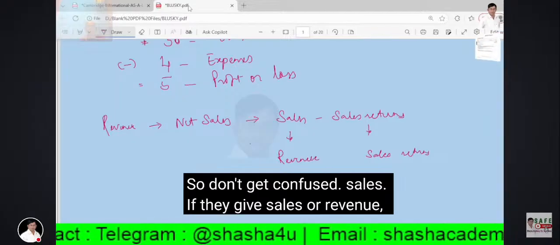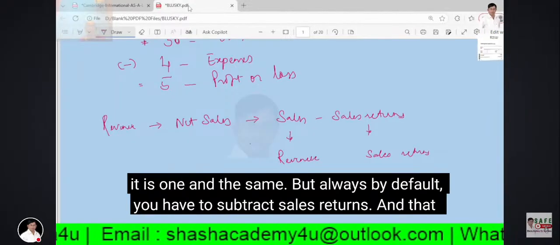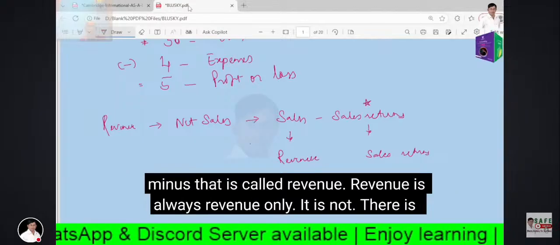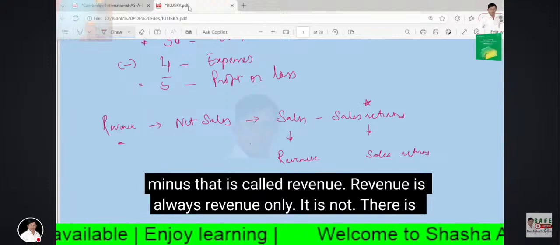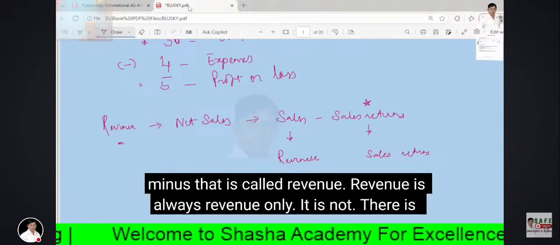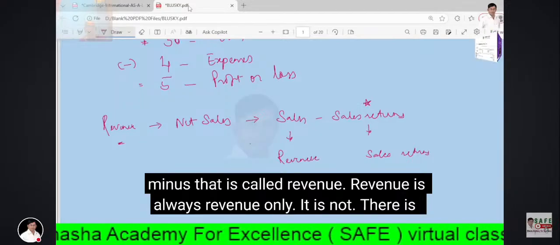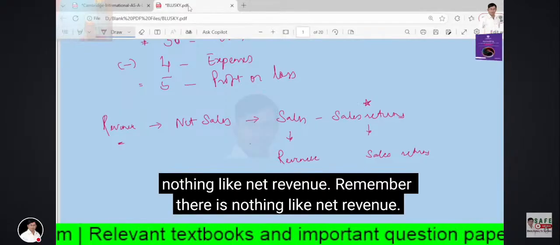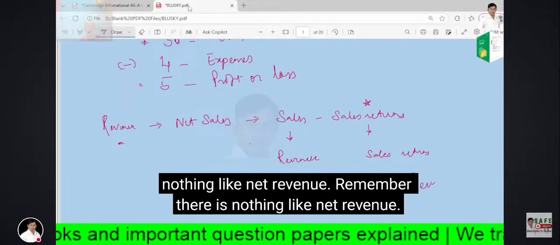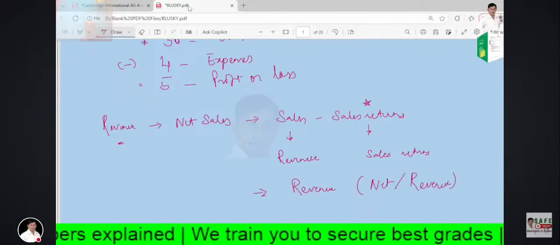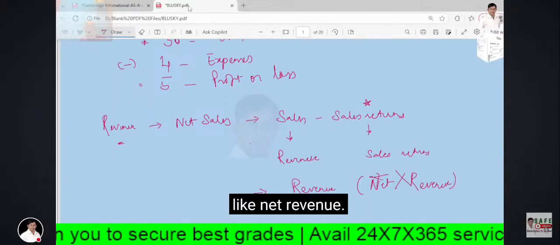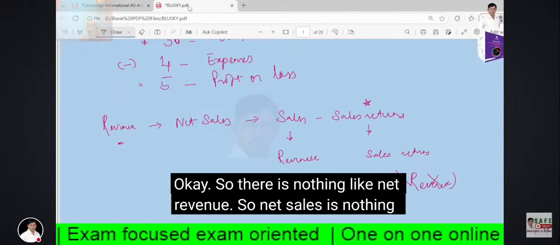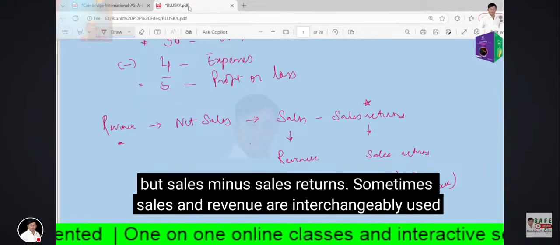If they give sales or revenue, it is the same, but by default you have to subtract sales returns, and that is called revenue. There is nothing like net revenue. Net sales is nothing but sales minus sales returns.